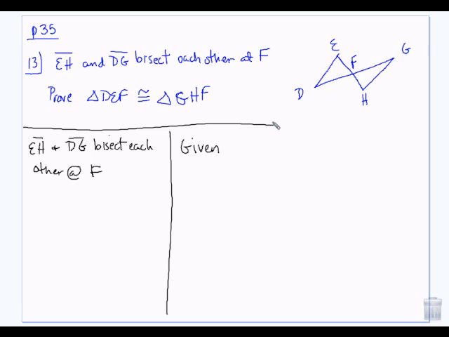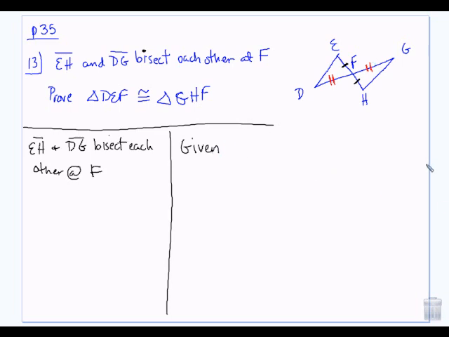Well, it does intersect, but to bisect is a specific kind of intersecting. Bisecting cuts in half. So that means that this length and this length will be the same. And then this length and this length will be the same because they're cutting each other in half.